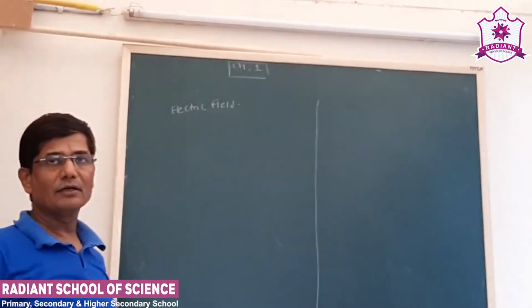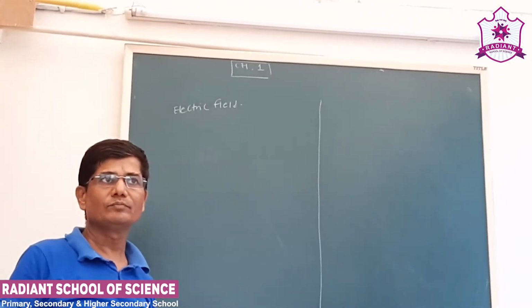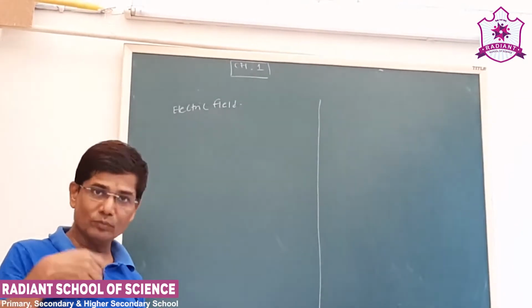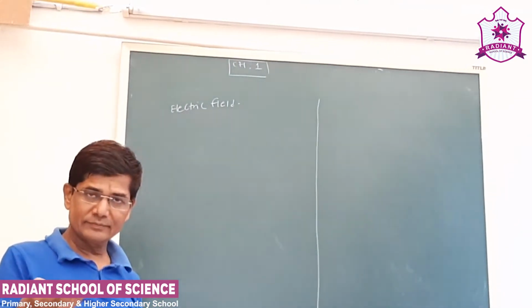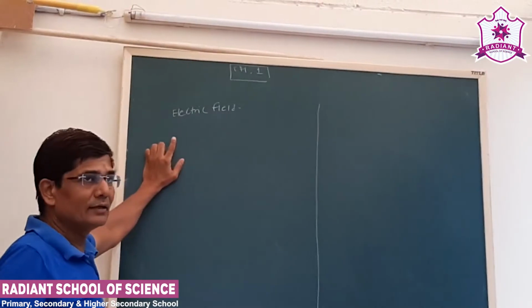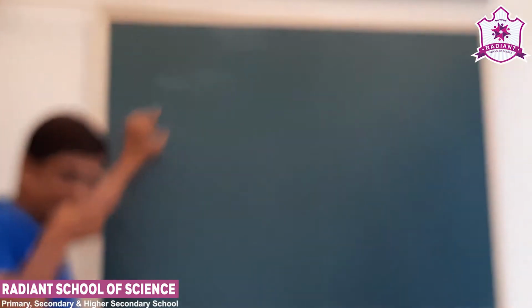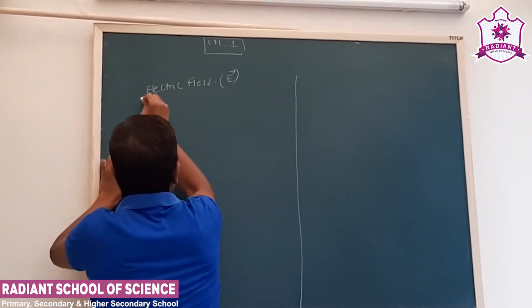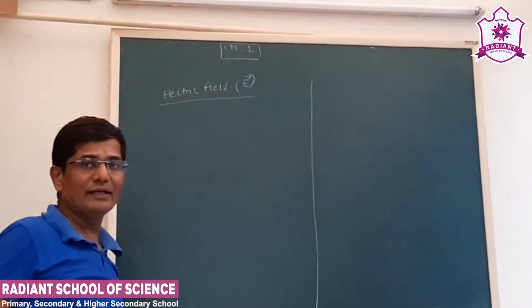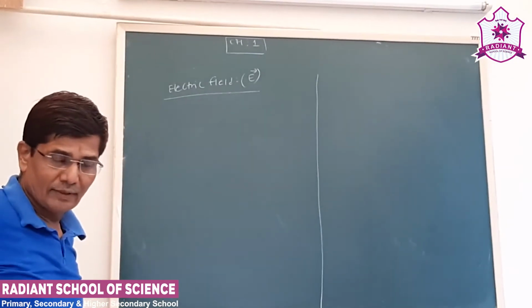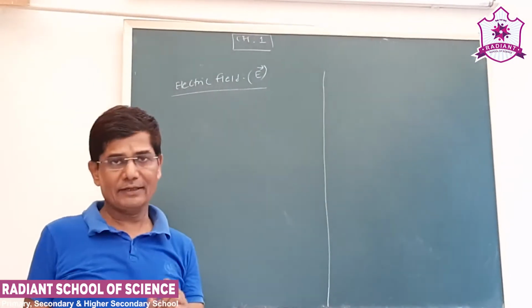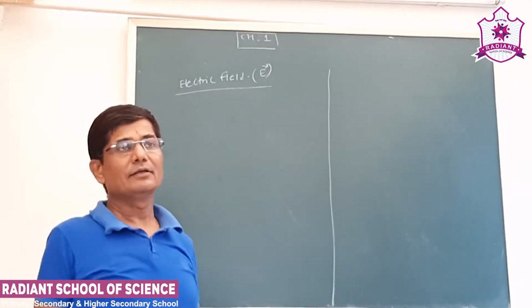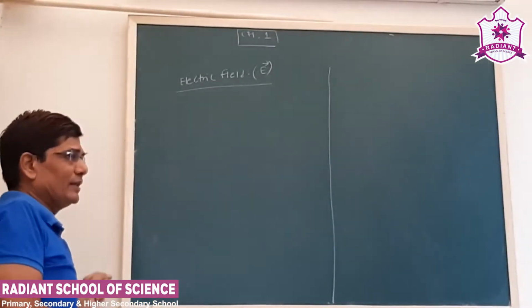The main work of electric charge is to produce electric field. This is a very important topic that we have to see in great detail. Electric field is denoted as capital E. Remember, small e is for the charge of the electron and capital E is for the electric field. First we define this.